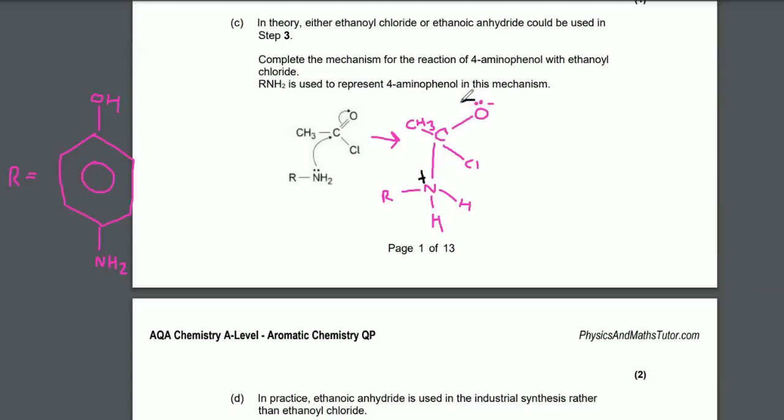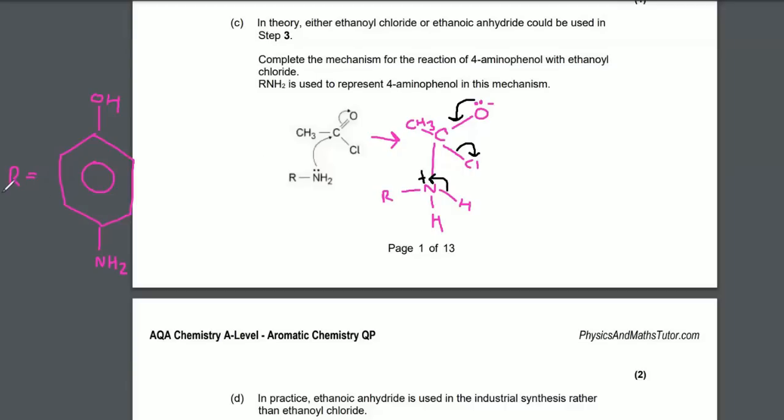Now we look up here, the oxygen is going to donate its pair of electrons back. Whenever you see the oxygen like this, where temporarily that carbonyl bond has been broken, it's going to reform. And that would mean that carbon would have 5 bonds around it, and carbon can't have 5. So the chlorine has to be sent off. The carbonyl bond that was temporarily destabilized will reform.